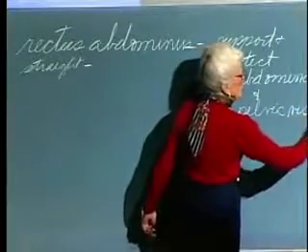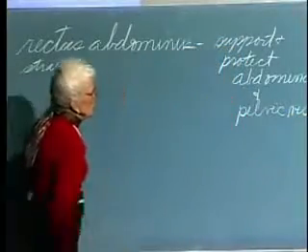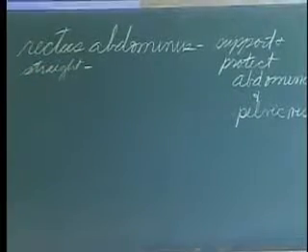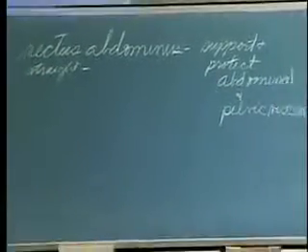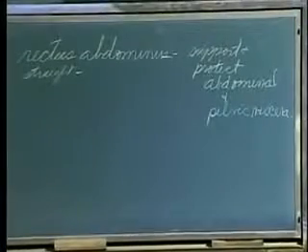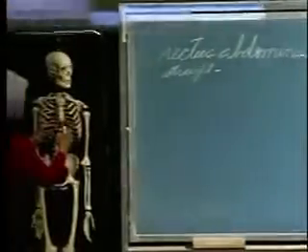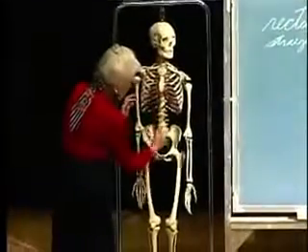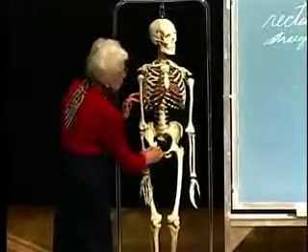So if you didn't know anything, you could figure out where it's connecting. If it's straight down the abdominal wall, we're going to see that it's going to originate at the 5th, 6th, 7th costal cartilages and xiphoid and come down to the pubic bone.